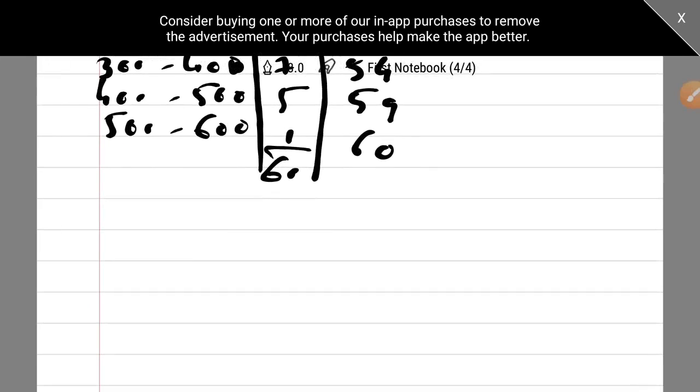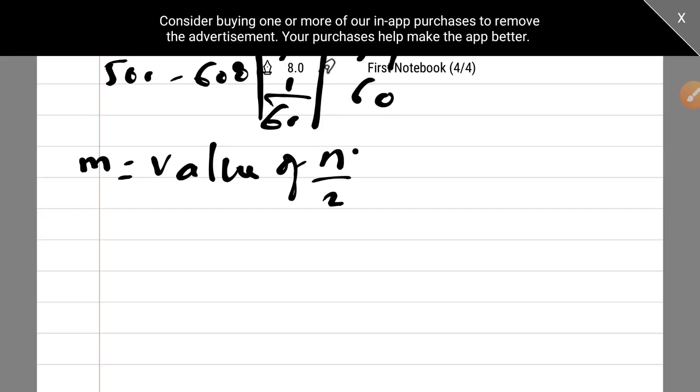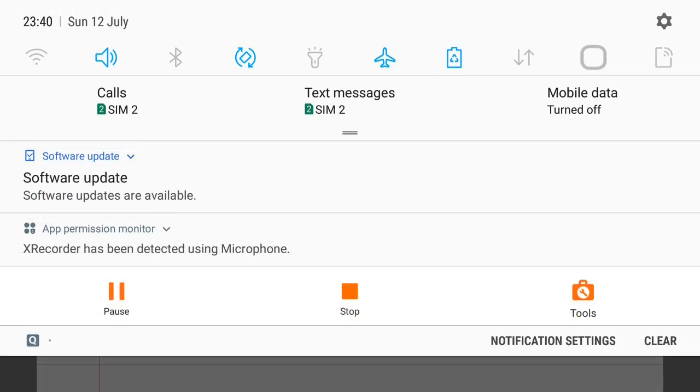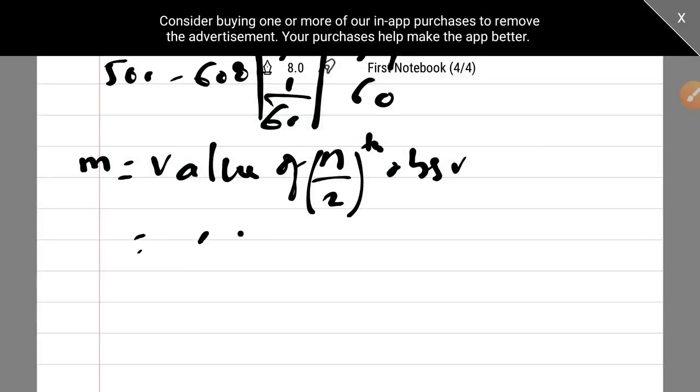Now how will we find it? I told you the first step: median is equal to the value of n upon 2 th observation. Now what is this n? N is 60.